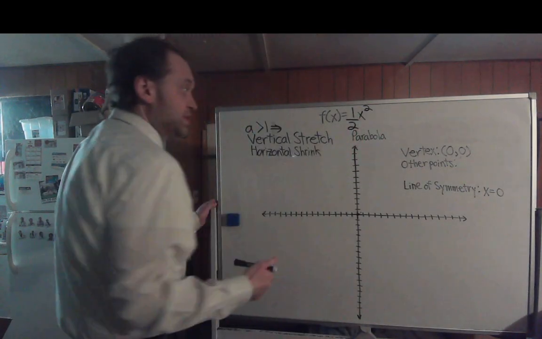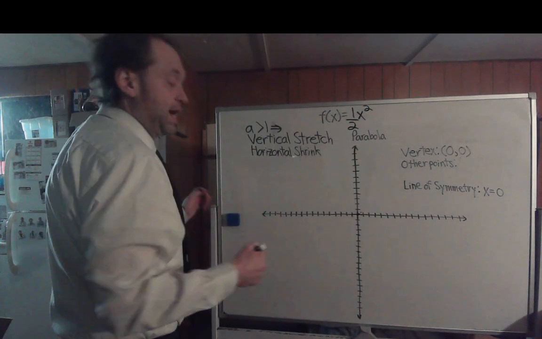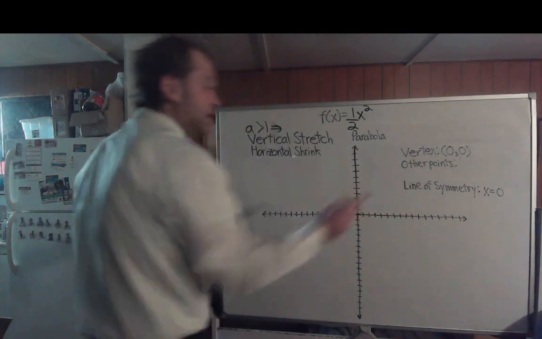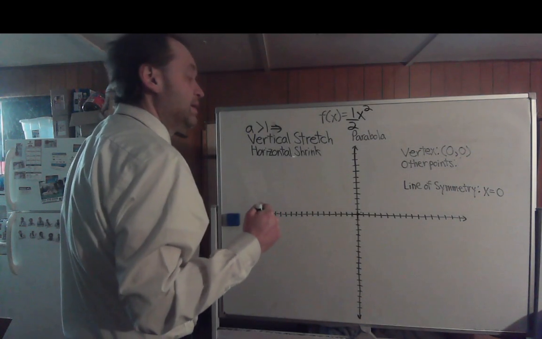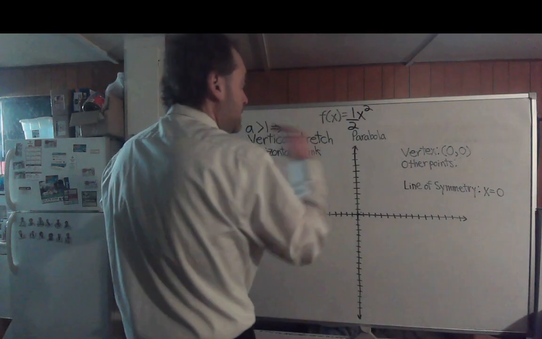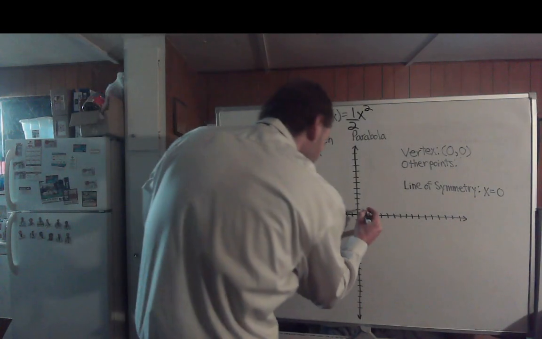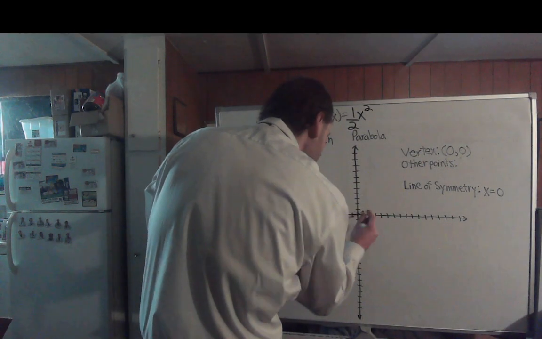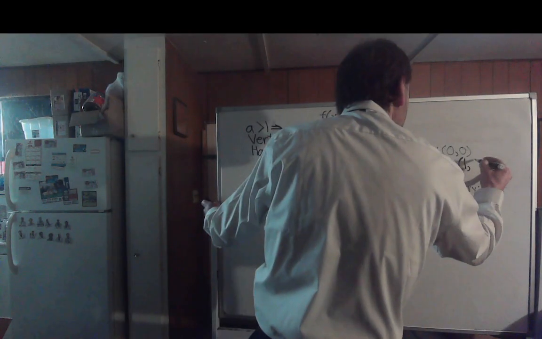It's still at 0, 0, because if you put in 0, you're going to get 0. Half times 0 is 0. But the line of symmetry is still x equals 0, and this time I decide to put in x equals 1. So 1 squared is still 1, but times half, it'll only give you half. So you'll end up getting the point 1, 1/2.